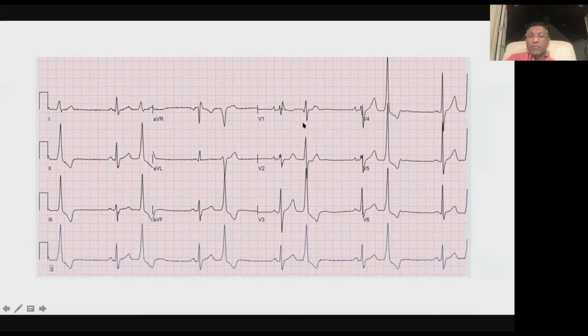So this is a left bundle morphology wide complex beat. And when you look at it, it starts like this, negative, positive, and then you get an S wave. So is this typical for a left bundle morphology QRS beat, or would this be unusual for that? So is it more suggestive of supraventricular or ventricular mechanism here?